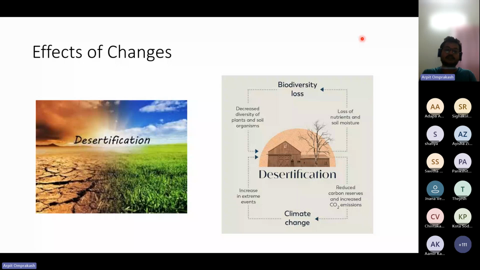After a while, due to other things like heat, and if there are no water bodies nearby, it can slowly evolve into a desert. There's also a general overview of how climate change can cause desertification.